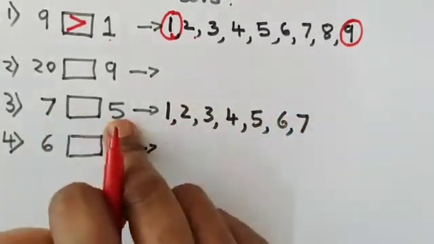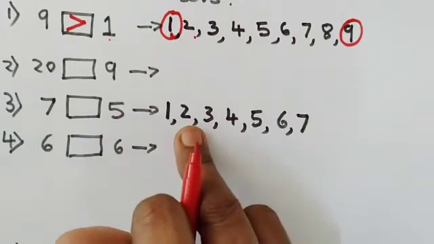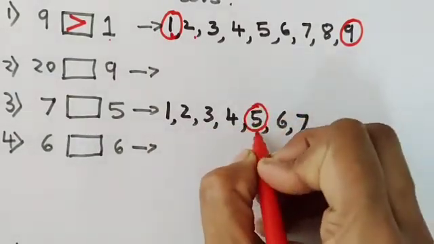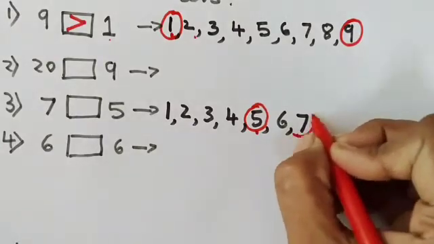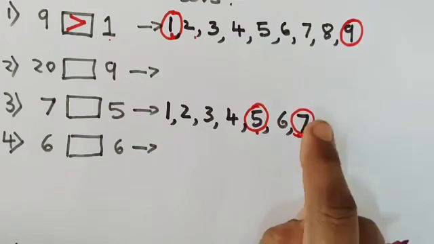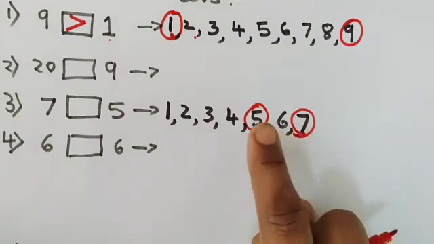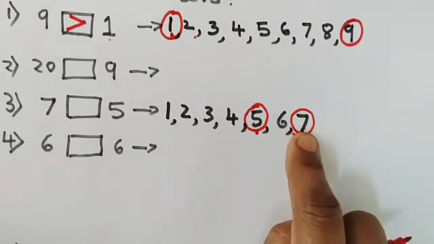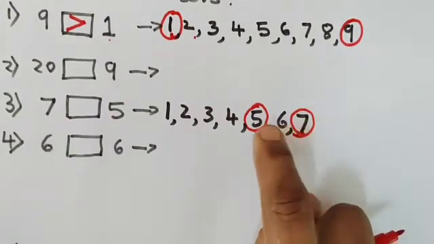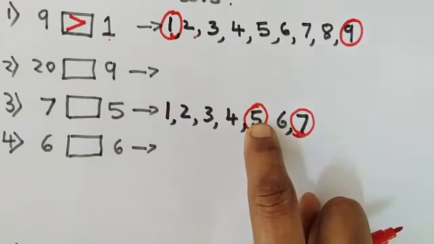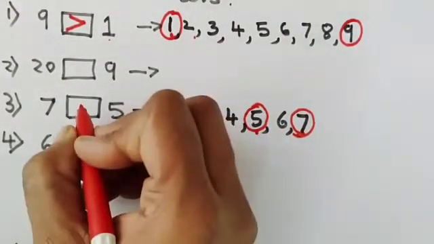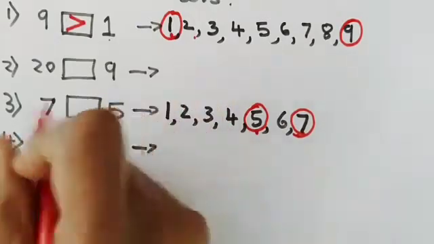So out of 7 and 5, 1, 2, 3, 4, 5 means 5 comes before 7. So which number is smaller and which is greater, children? Yes, 5 is smaller than 7, or in other words 7 is greater than 5. So we will open the crocodile's mouth towards the greater number.